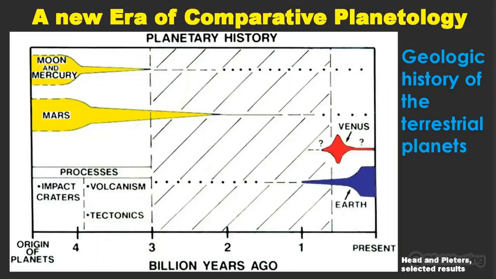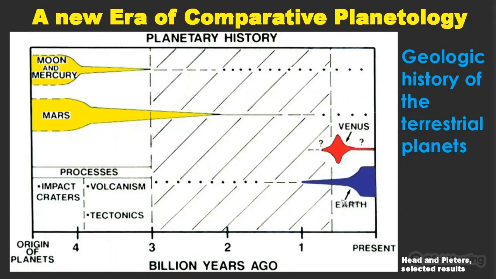That enhanced our understanding significantly. With this graph, what I want to convey is that if we consider the origin of our planet at around 4.5 billion years, in the case of Earth, we have evidence present on the surface for a very recent time, less than a few hundred million years.